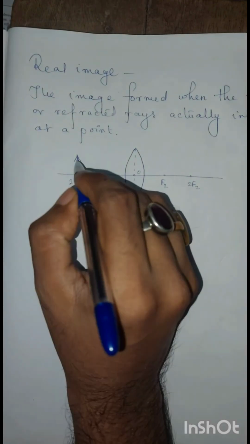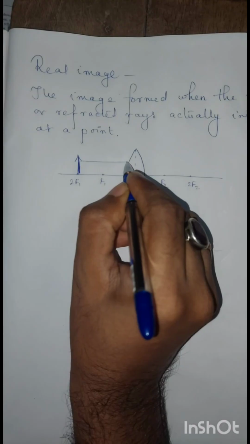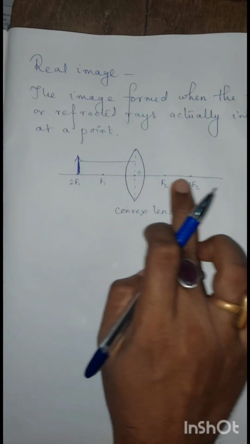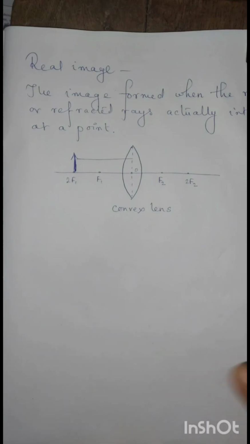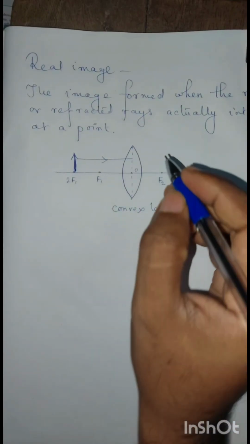When we draw a ray diagram, we need at least two rays. So I am going to use two rays coming out of this object. So the first ray, which is parallel to this line, which is called principal axis, but we shall talk about it later. So this is ray 1.